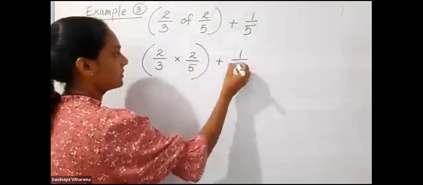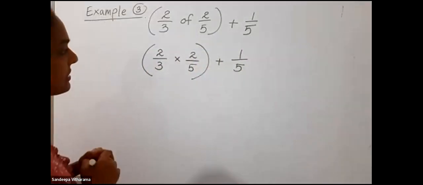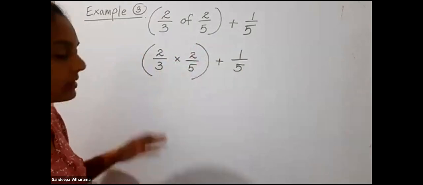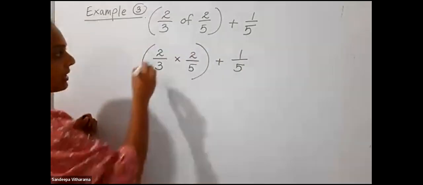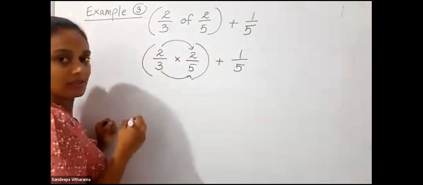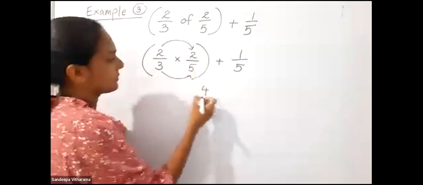Now, you can see that there are no common factors to simplify in the denominator and the numerator. So you have to separately multiply the numerator and denominator both. 2 into 2 is 4. 3 into 5 is 15.